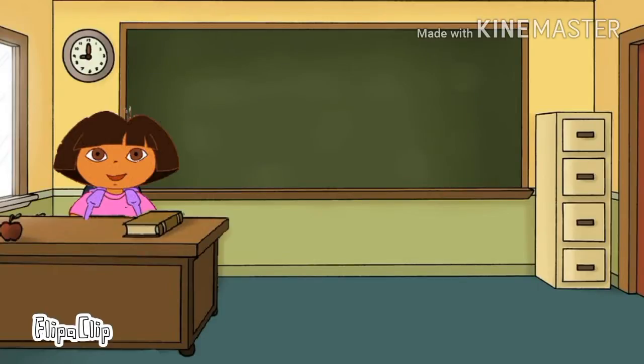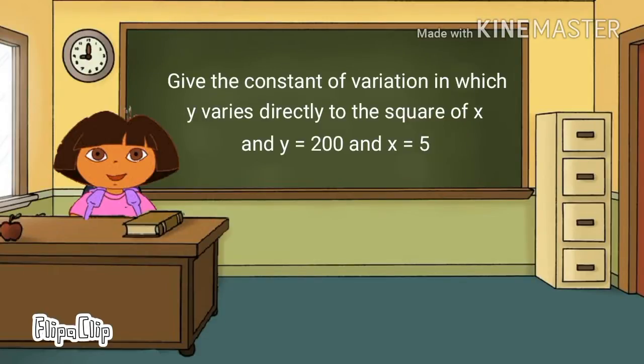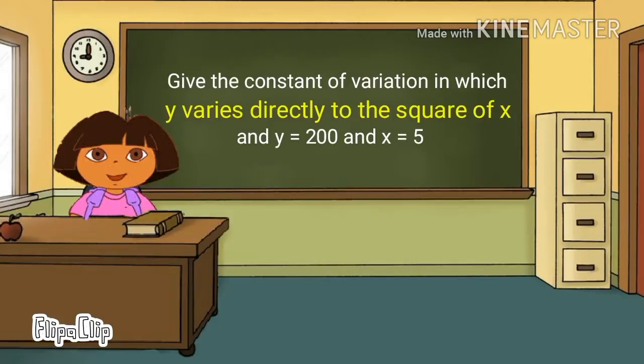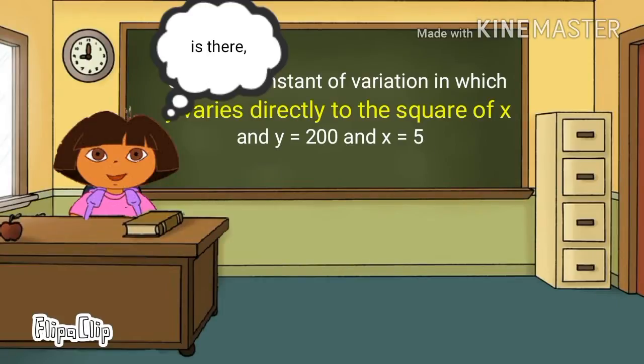For example, give the constant of variation in which y varies directly to the square of x and y is equal to 200 and x is equal to 5. Note that the line y varies directly to the square of x is there.